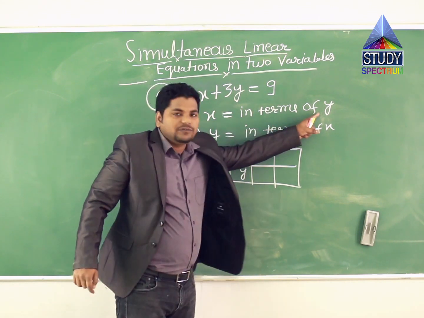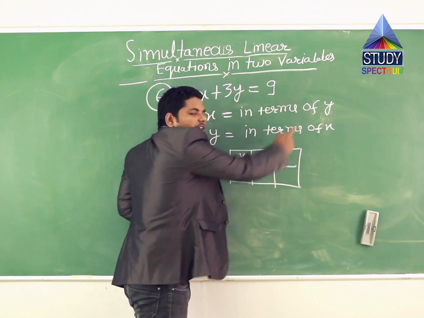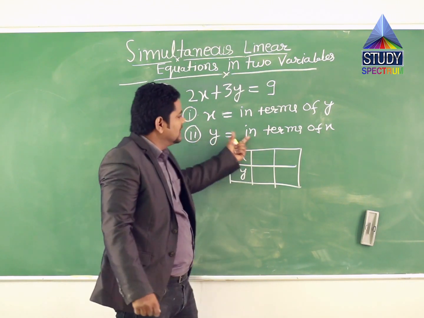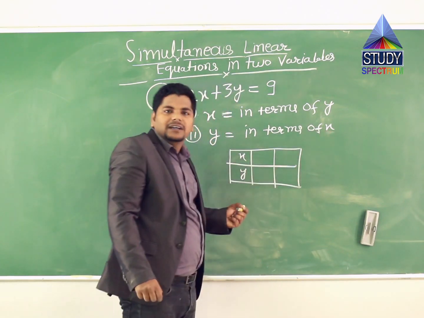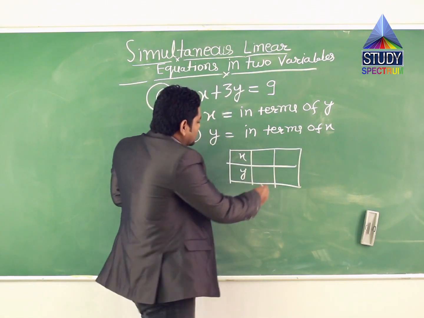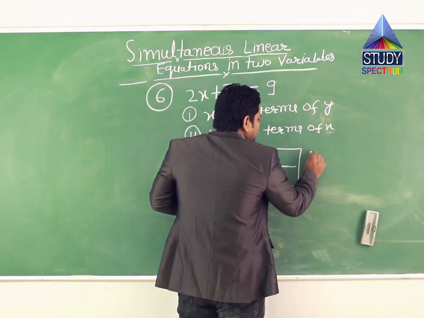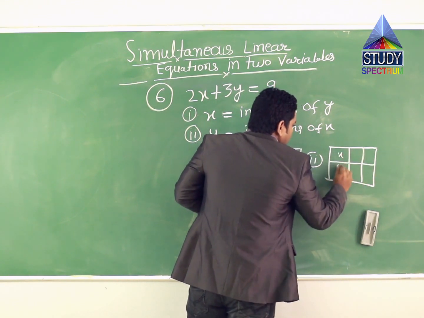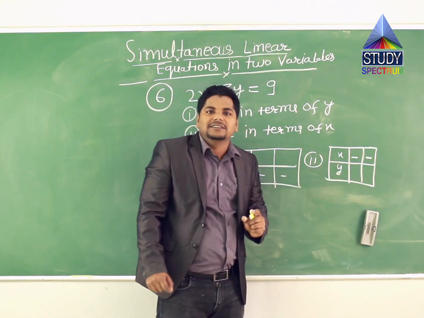In the first case we put y and we got the corresponding x. In the second case, we expressed y in terms of x, so we put x and we got the corresponding y. In the first case we have taken y, and in the second case we have taken x and we got the value of y corresponding to that x.